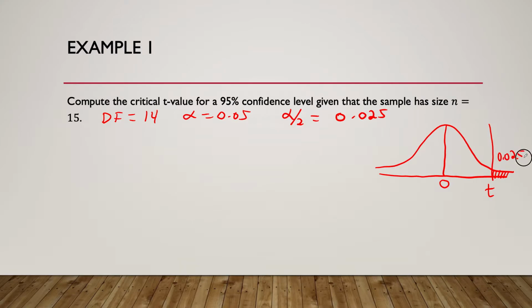Again, when using technology, we are referring to the area to the left of it as opposed to above it. So if above it is 0.025, we would do 1 minus 0.025 to find the area below it, which, when we do the subtraction, gives an area of 0.975.